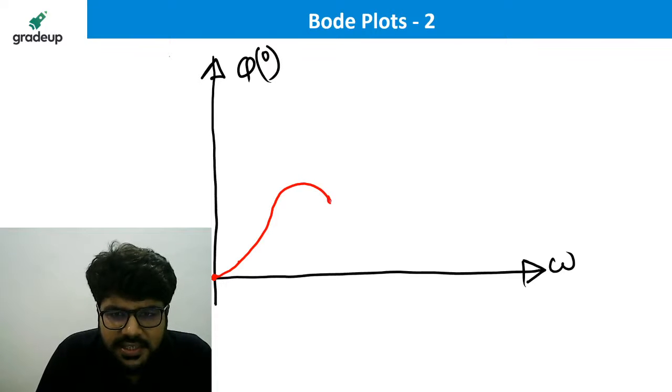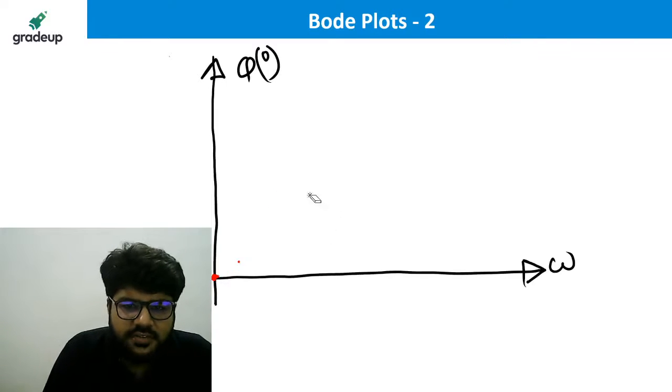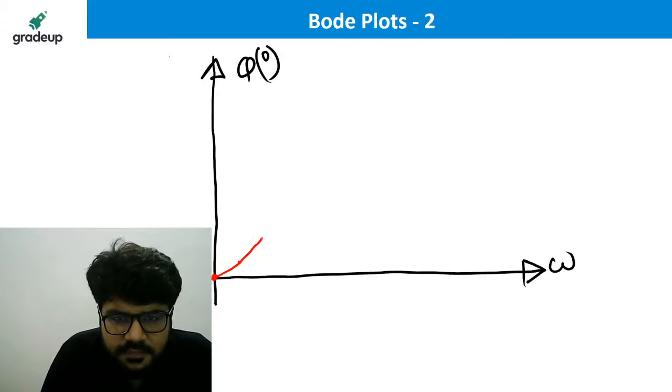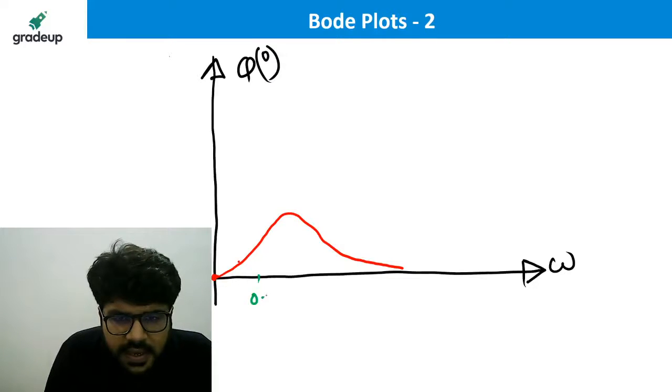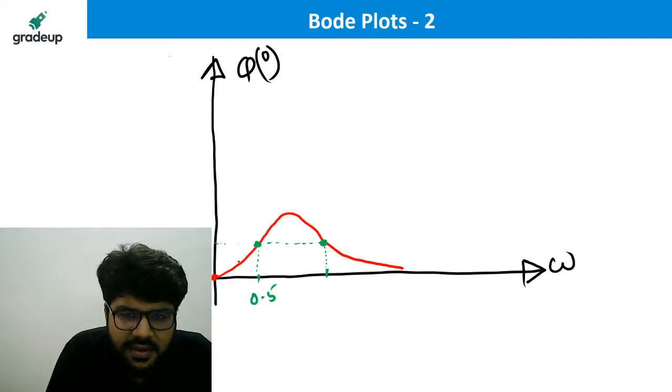But here I'll just tell you the approximate shape of this graph. At omega equal to 0.5 and at omega equal to 1, the phase values obtained are the same, 18 and 18 degree.